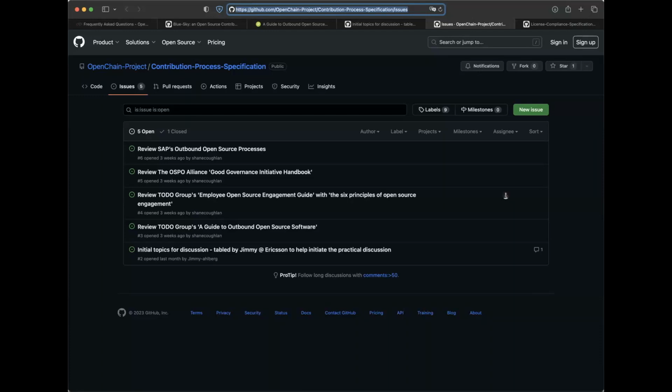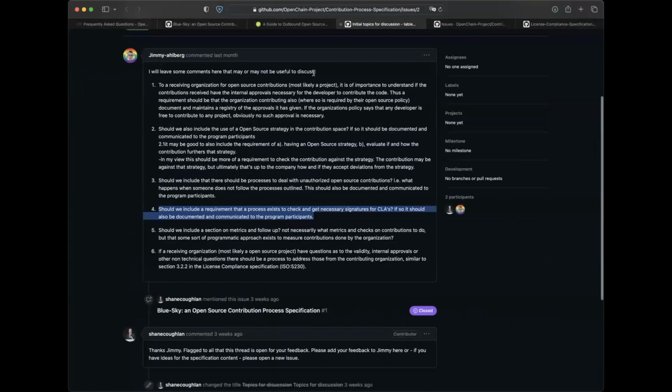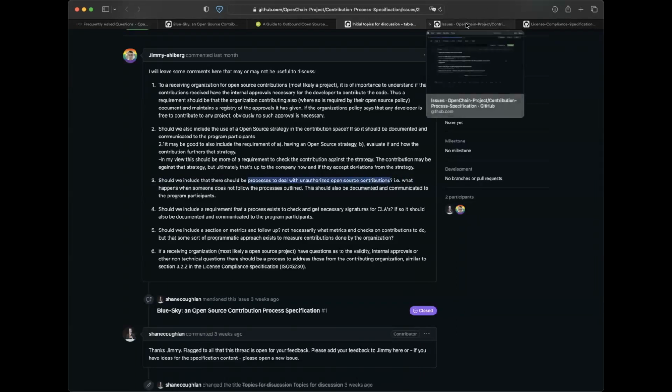For instance, one issue could be saying that when a company determines the process for unauthorized open source contributions or similar, they'll need to double check export control.